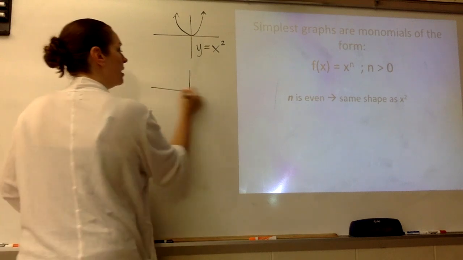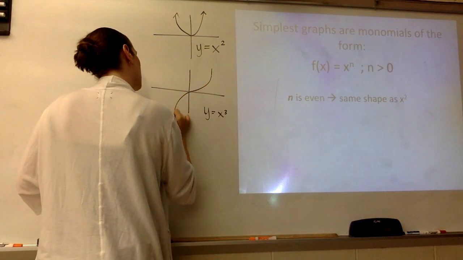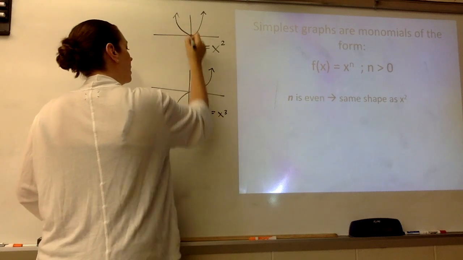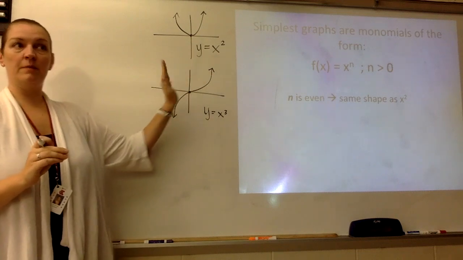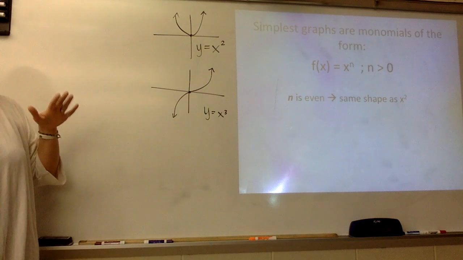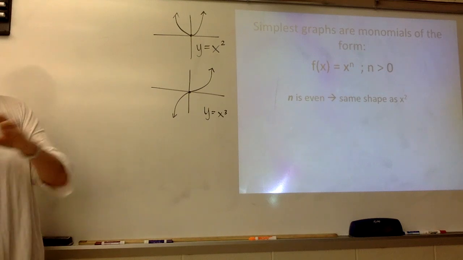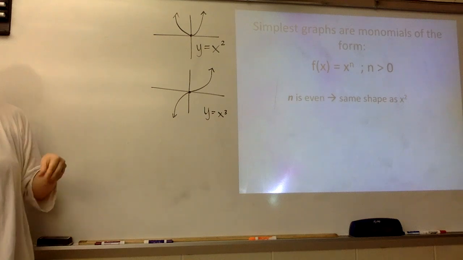If I know, and we did this before, y is equal to x cubed, okay, we have basically two parts. We have this part that looks like part of a parabola, but then it switches direction and goes downward in the opposite direction. Everything we know about polynomials, we can kind of extend back to these two definitions in terms of what they look like.